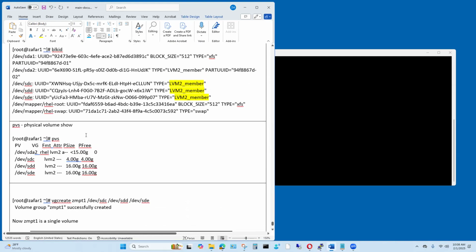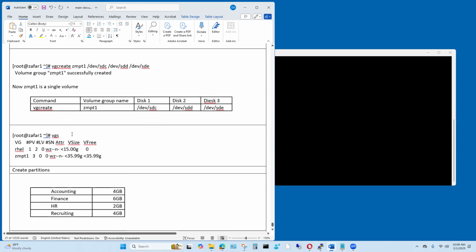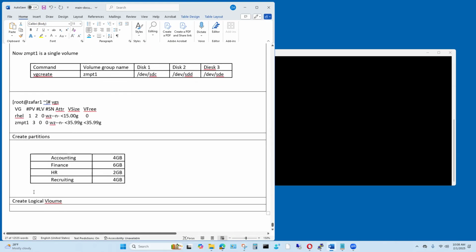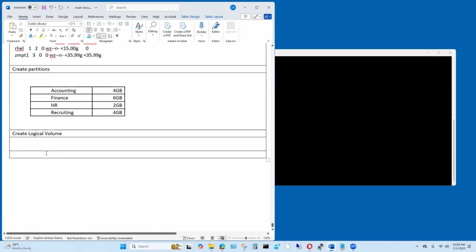This is the physical layer we created, and then we created a group out of that physical layer, and that is the volume group. Logical volumes means logical partitions. Logical means imaginary. Okay. So how are we going to do that?